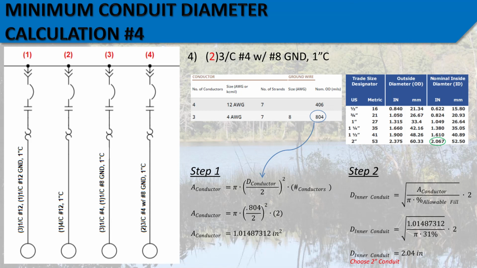For this case, we're allowed a 31% fill, and when you calculate that out, you come to 2.04 inches. Referring to the data sheet, 2-inch conduit has an inner diameter of 2.067 inches, so 2-inch conduit, perfectly acceptable.